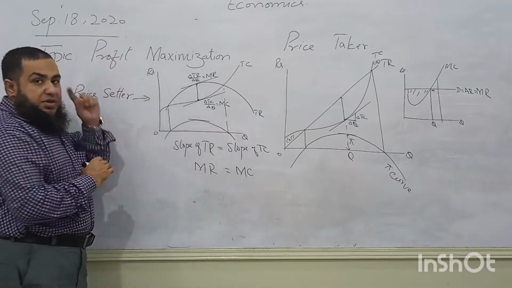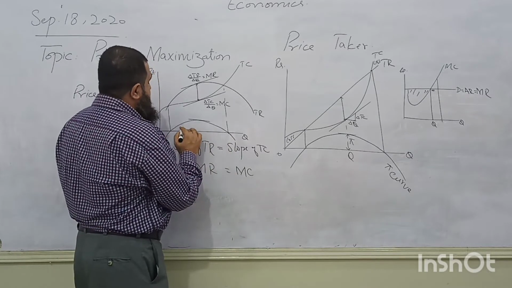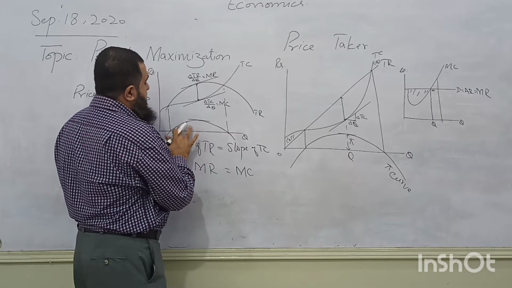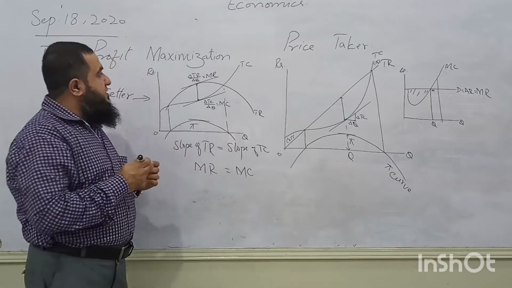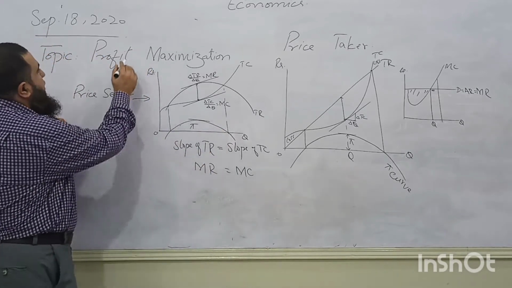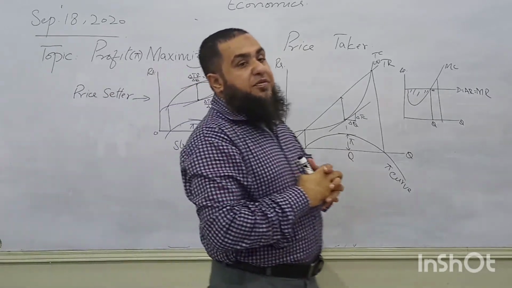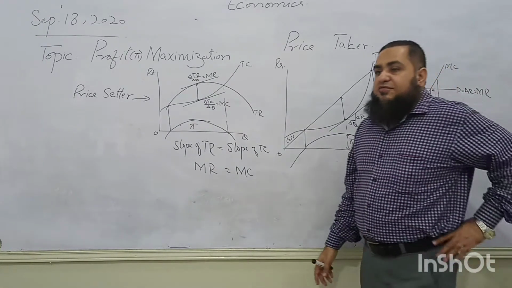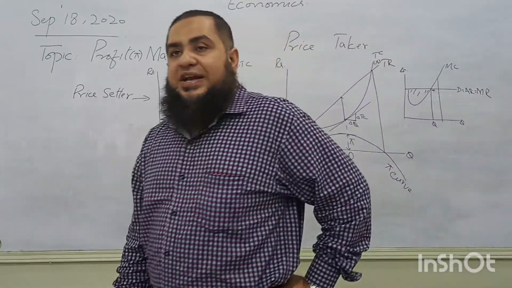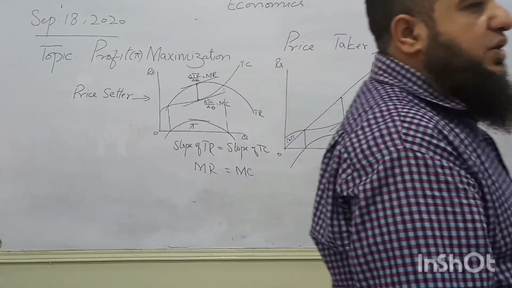Here profit is maximized, where the slope of the profit curve, this is the profit curve, is 0, or marginal revenue equals marginal cost of production. So all the firms decide the profit maximizing level of output where marginal revenue equals marginal cost.